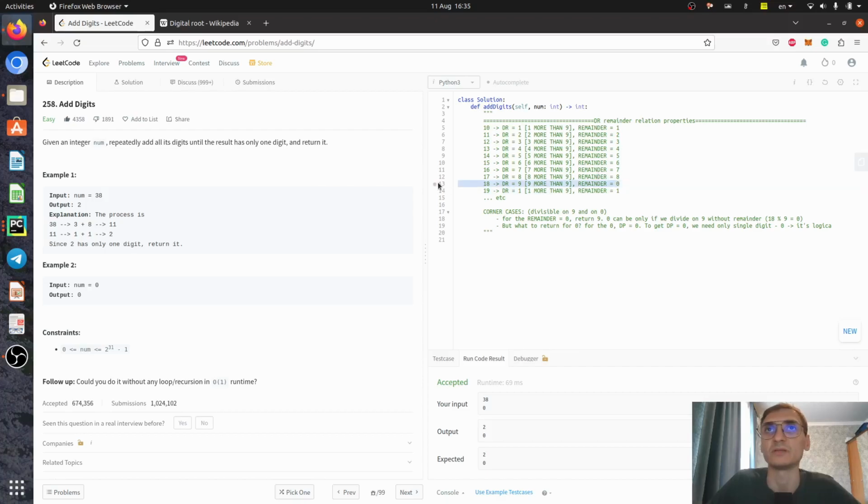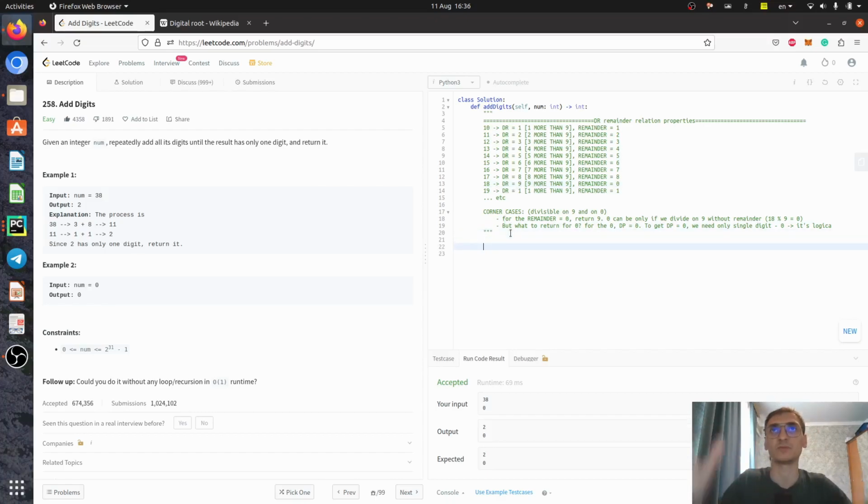It's a little bit complicated. When we have a 0 remainder, we have to return 9, and not just 9 by 9, because if we take our initial value and divide it by 9, the remainder is going to be 0. For example, 18 divided by 9 is going to be 0, and 9 divided by 9 is going to be 0. When we have this 0, we have to return 9.